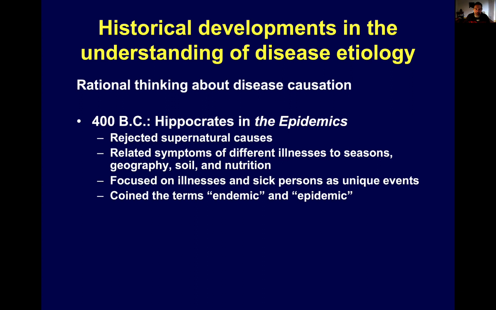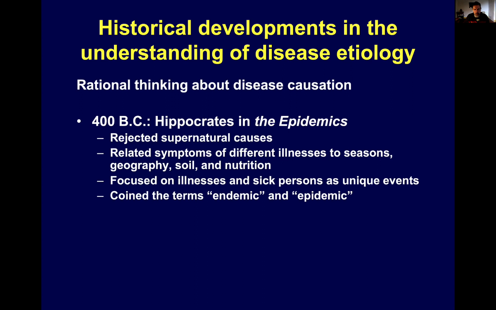But that's not to say that there wasn't evidence of rational thinking about the causes of disease as well. As early as 400 BC, we can see in Hippocrates' writings in the Epidemics that he rejected this notion of supernatural causes of diseases. In fact, he related symptoms of different illnesses to seasons and geography and soil and nutrition.